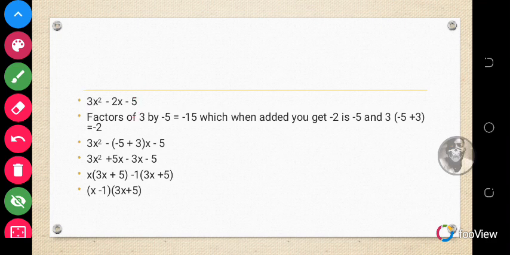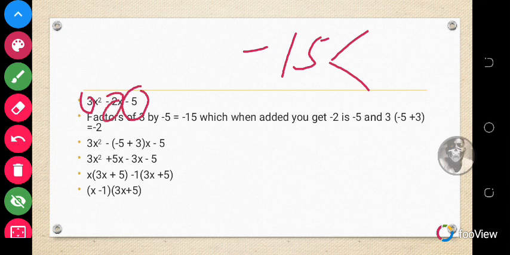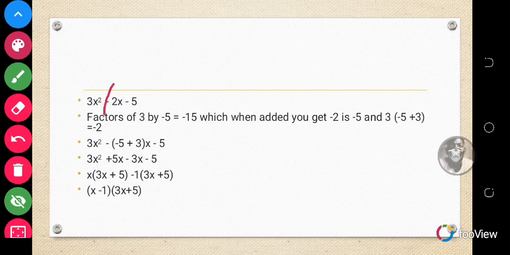Don't forget, there is a negative sign here, so negative 5 times 3 is negative 15. So we are looking for factors of negative 15 that when you add, you're going to get negative 2.